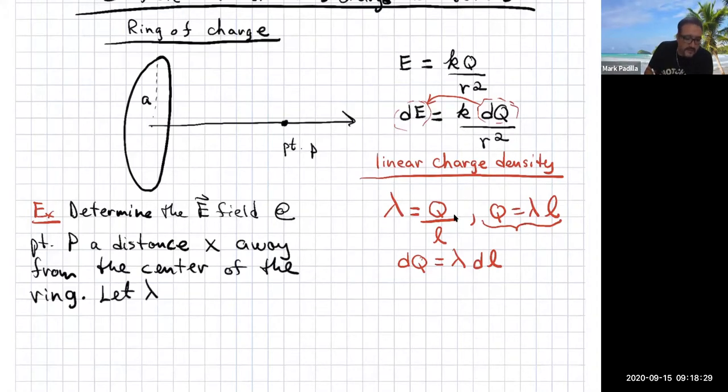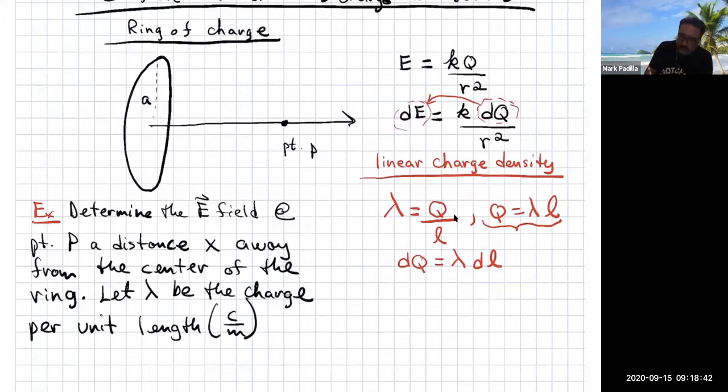Let lambda be the charge per unit length, coulombs per meter. And that is called the linear charge density.